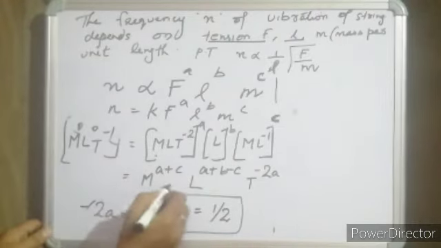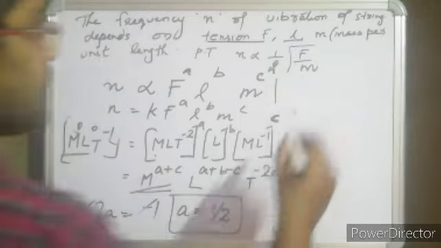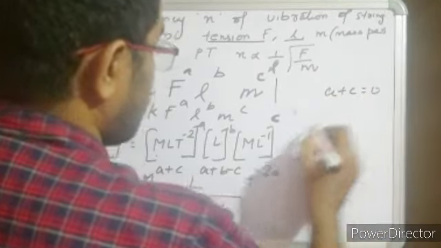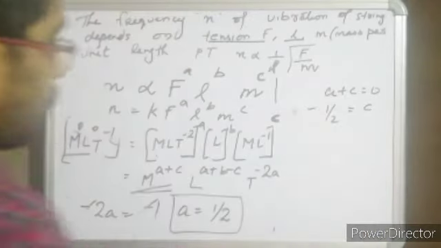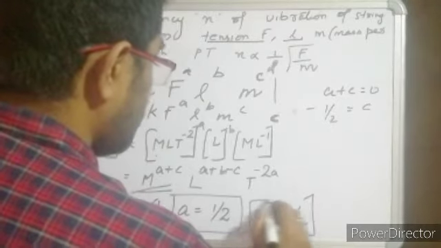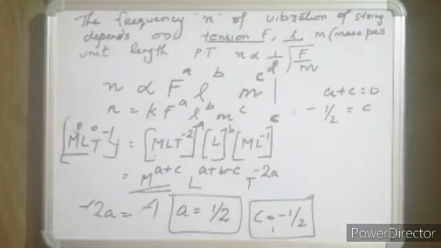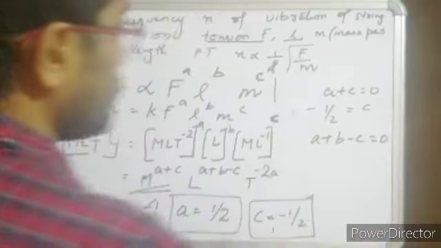Again, A plus C, the power of M, is equal to 0. So A plus C is equal to 0. You got A as 1 by 2, so C is equal to minus 1 by 2. Again, A plus B minus C is equal to 0.